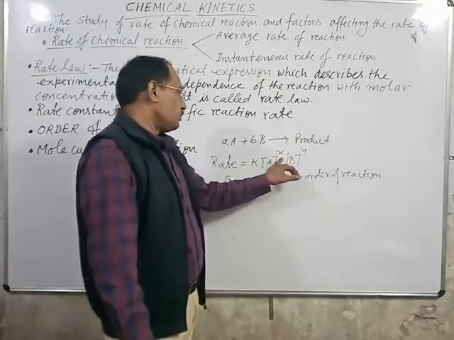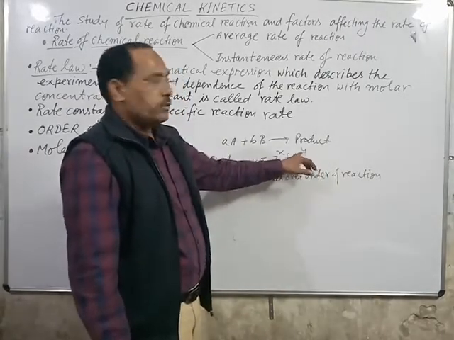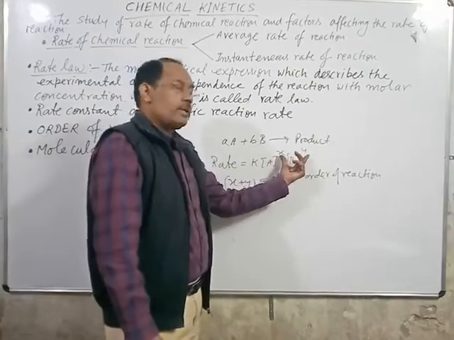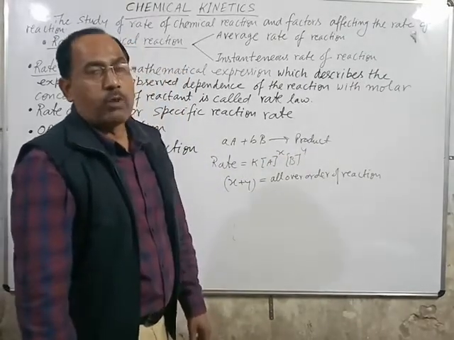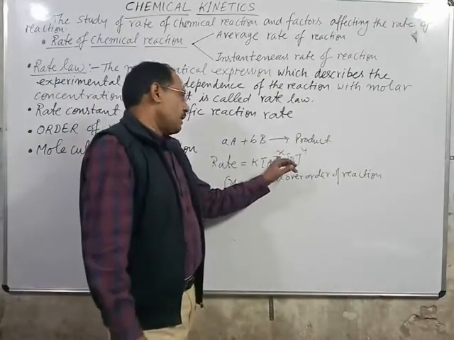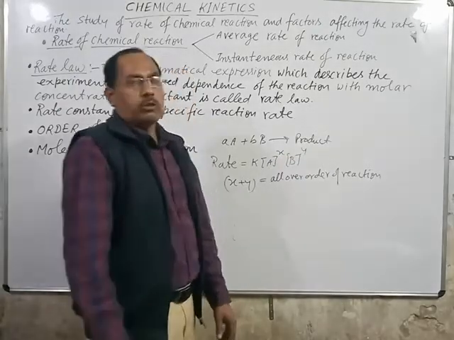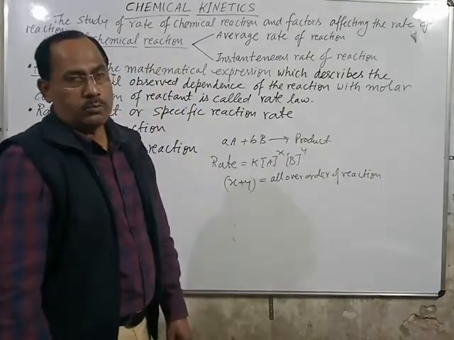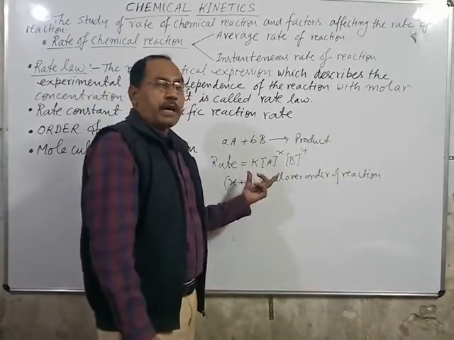If the value of x is 1 by 2 and the value of y is again 1 by 2, then overall order of reaction is 1 by 2 plus 1 by 2, that is 1, first order. If the value of x is 1 by 2 and the value of y is minus 1 by 2, the order may be 0.